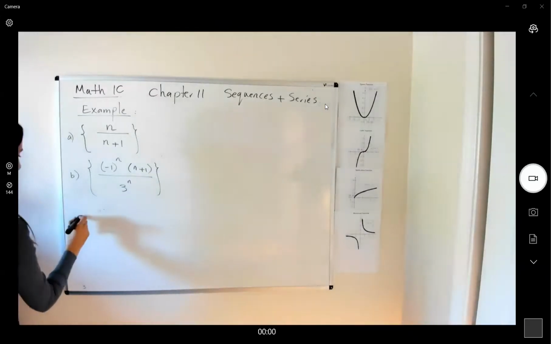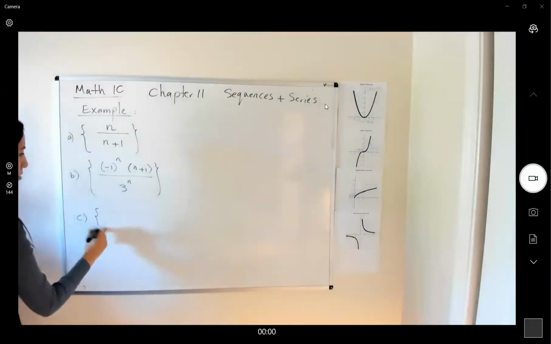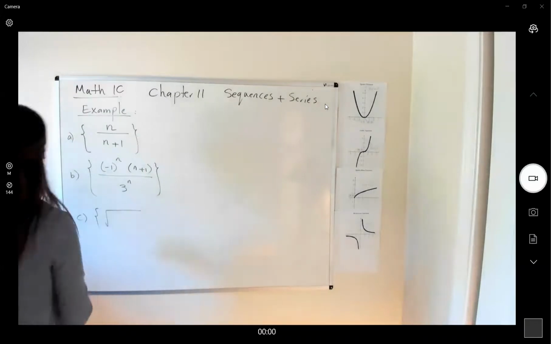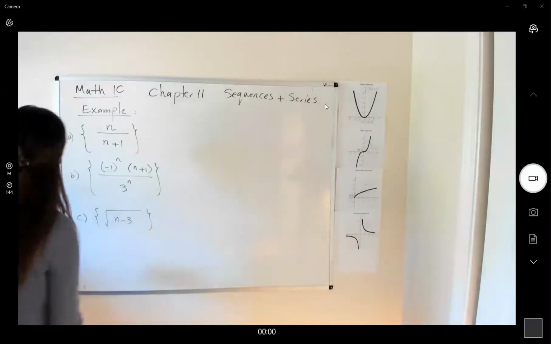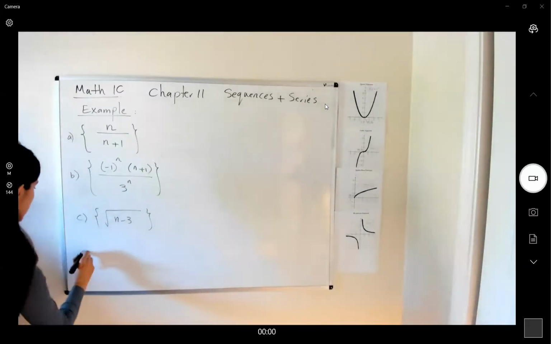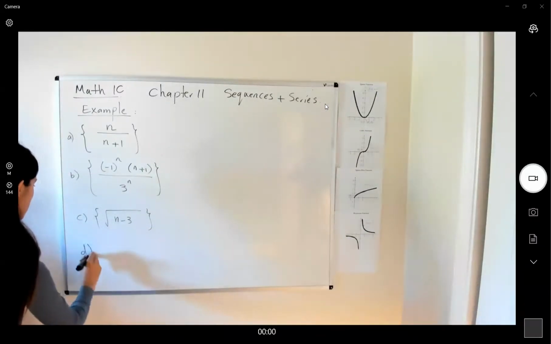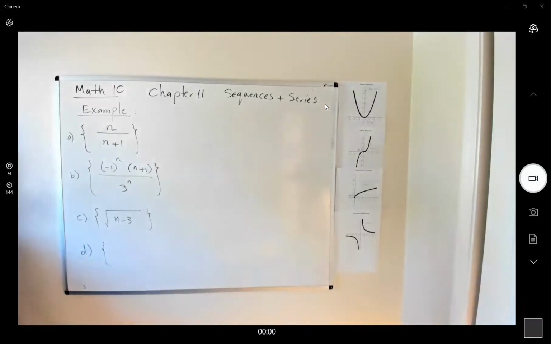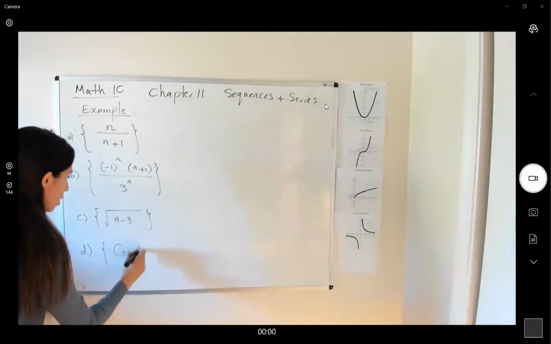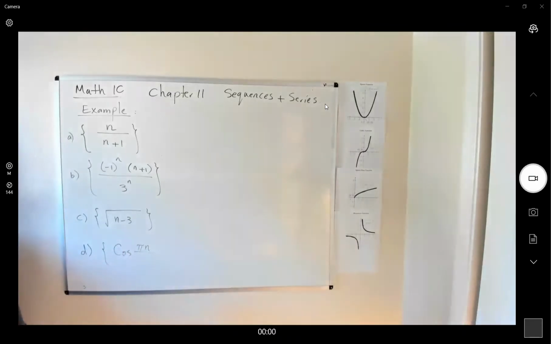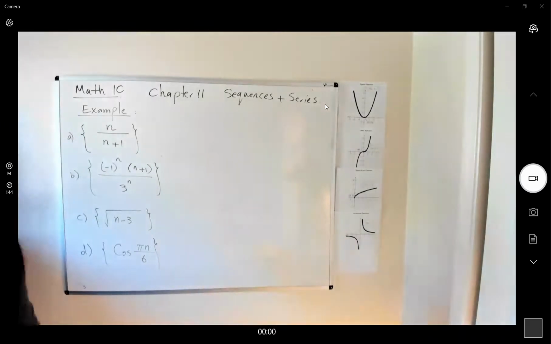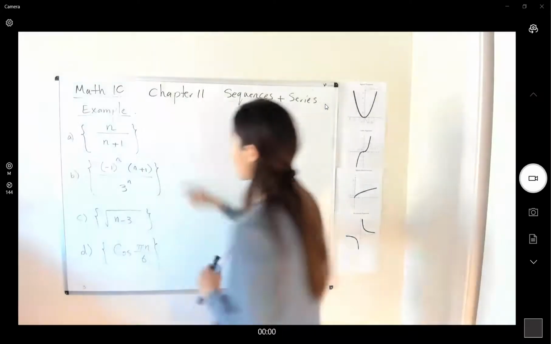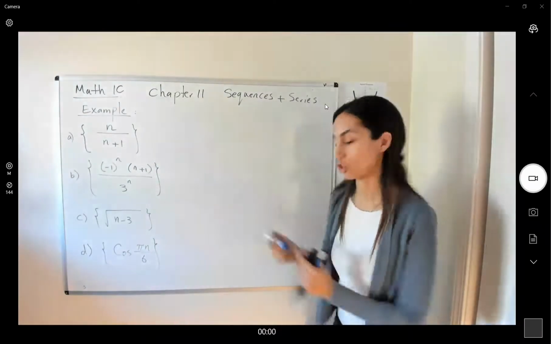C, you have a sequence, and these are all functions. N minus 3, inside the radical. Then here you have, for example, this sequence which says I have the function cosine of pi times n divided by 6, and so on. Take a look at each of these functions.